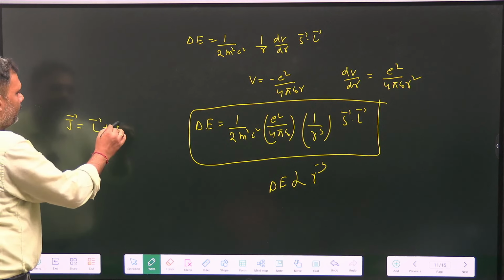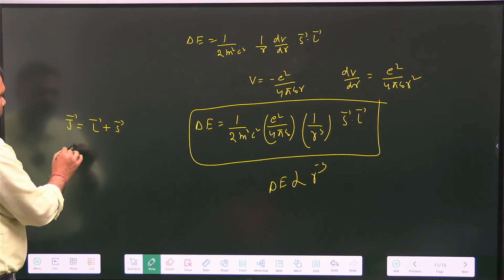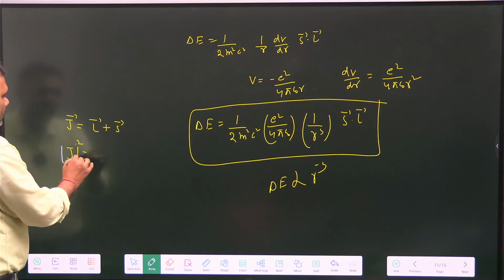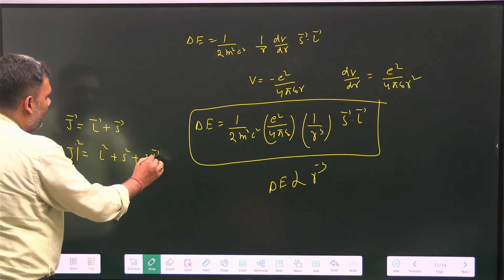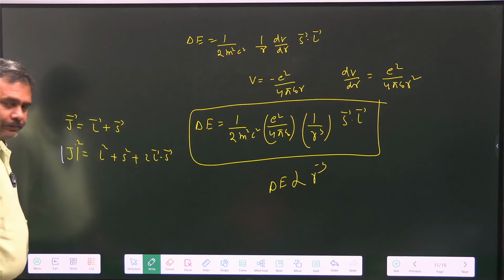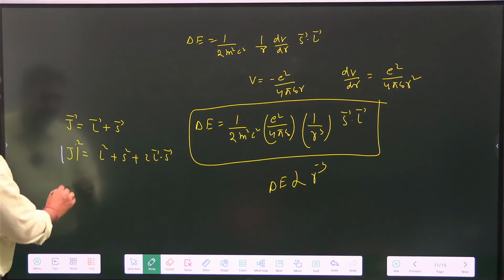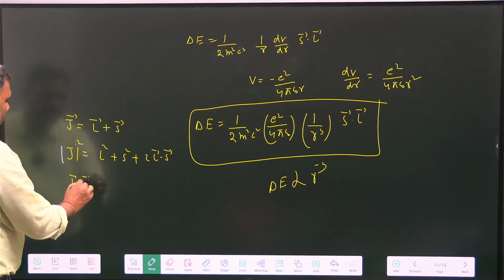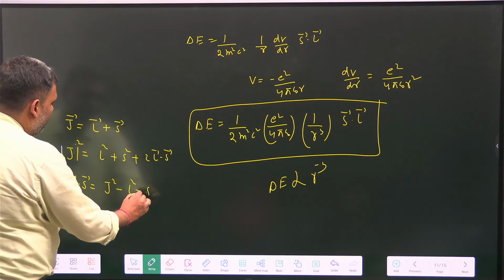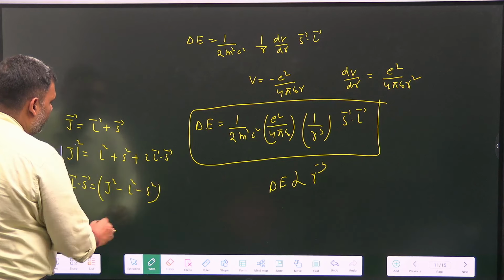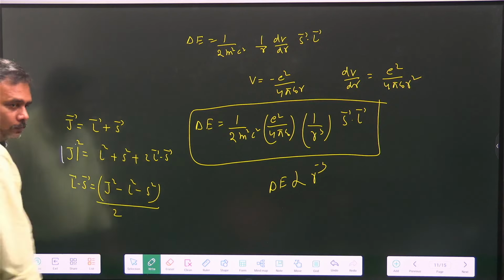J = L + S. So what will be J square? J square is equal to L square plus S square plus 2 L dot S. OK? And so L dot S is equal to (J square minus L square minus S square) by 2.